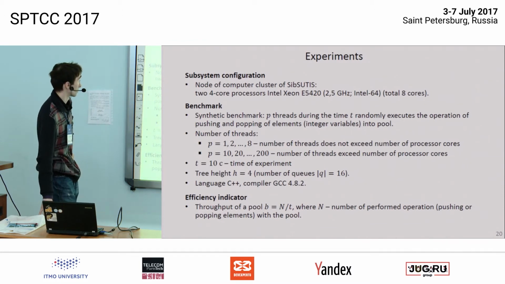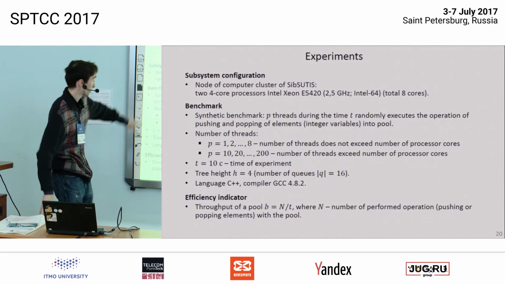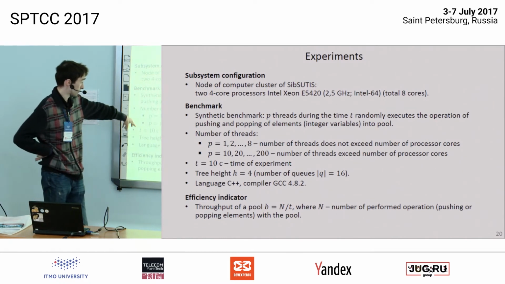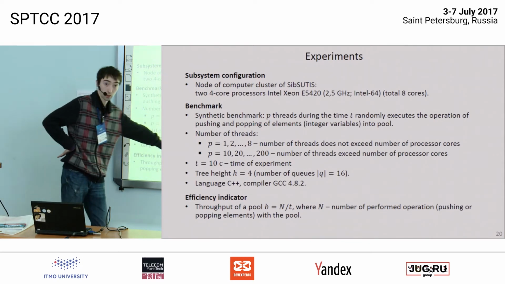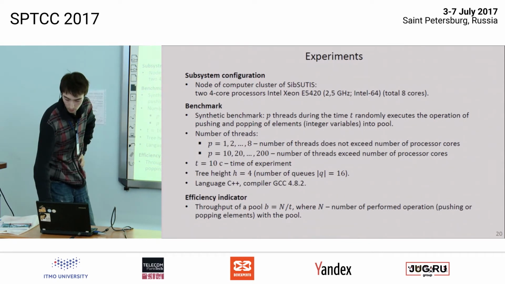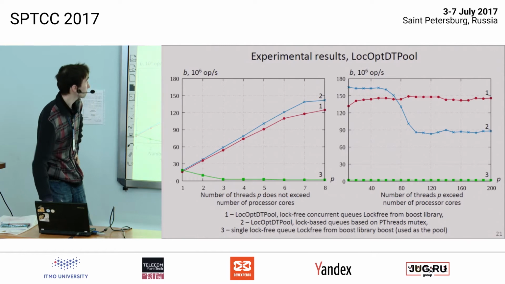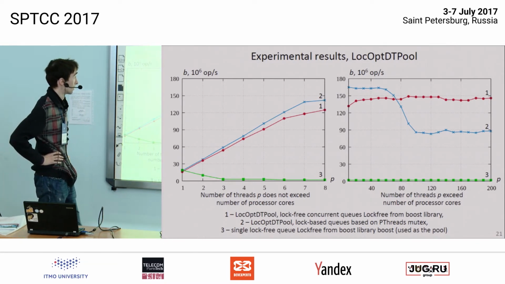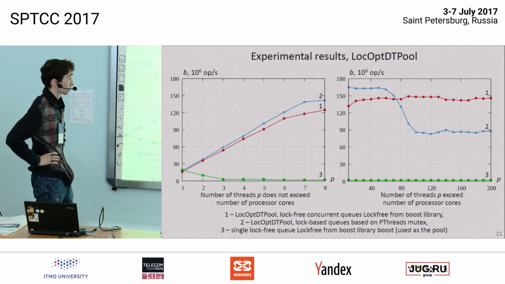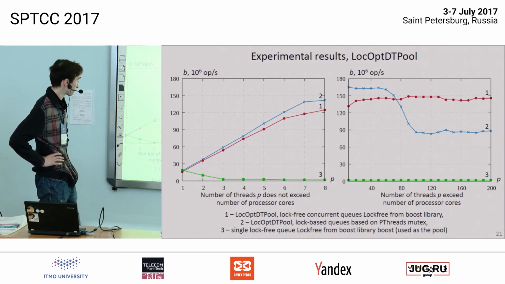We did experiments on a computer system. We also used a synthetic benchmark with some number of threads, and as the efficiency indicator we used throughput. Here you can see the results for the proposed pool.